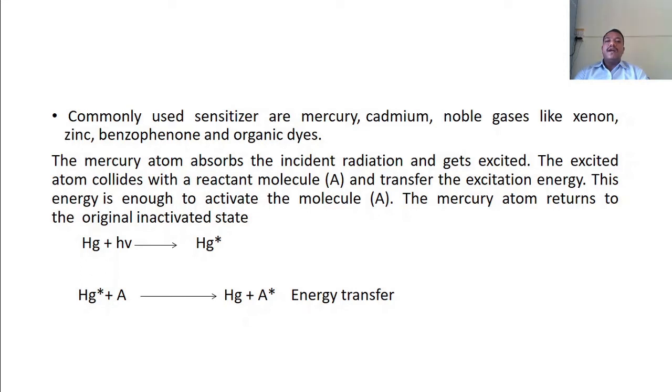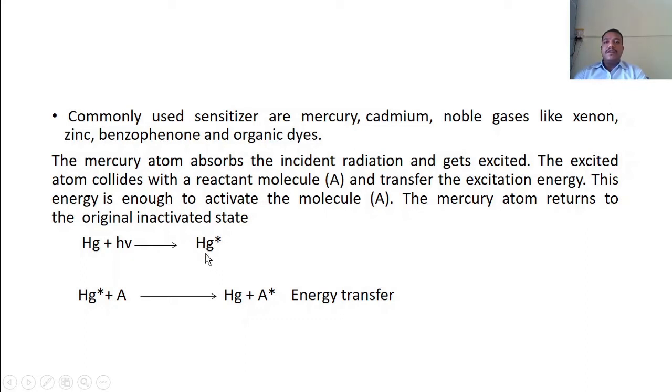The mercury atom absorbs the incident radiation and gets excited. The excited atom collides with the reactant molecule and transfers the excitation energy. This energy is enough to activate the molecule. The mercury atom returns to the original inactivated state. See here, the mercury atom, which is a photosensitizer, absorbs the energy and gets activated.